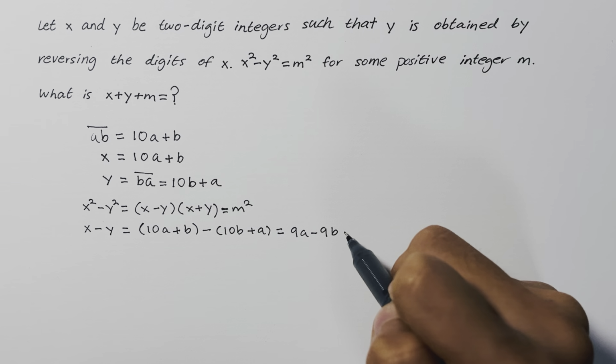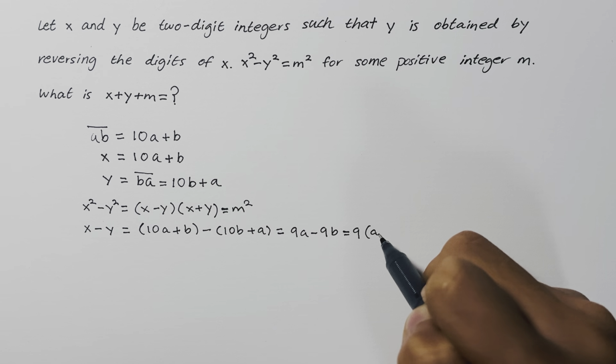And we can factor out the 9 here, so it becomes 9 times A minus B.